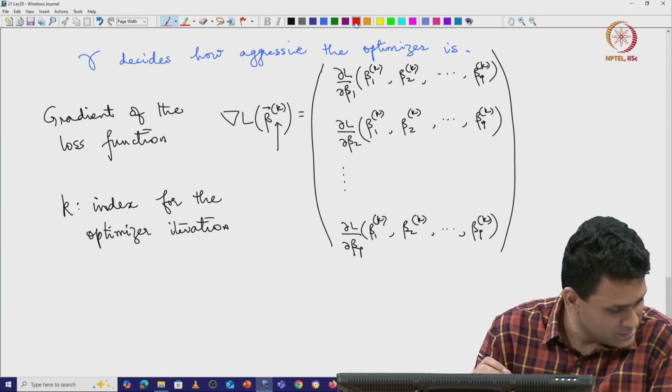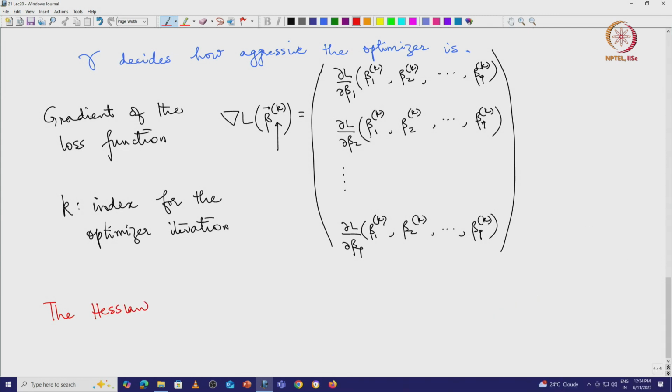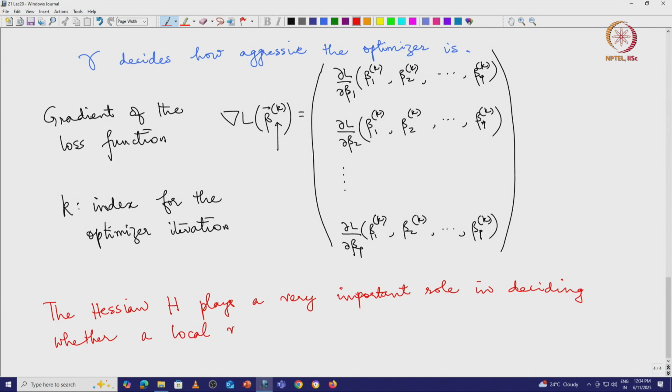Like I said, the Hessian H plays a very important role in deciding whether a local minimum has been reached for the loss function L.